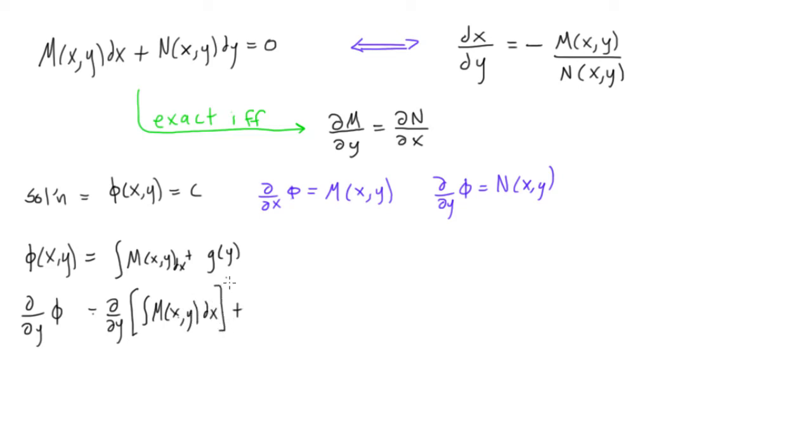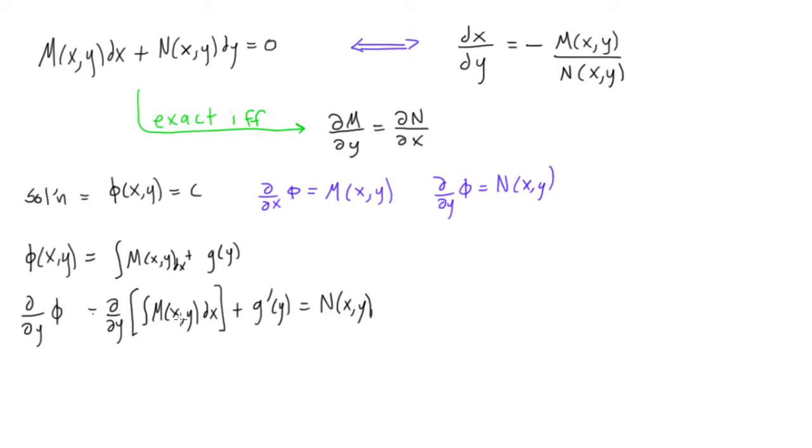Now when we take the partial derivative of g of y with respect to y, there are only y's and constants in this function, so that's just taking its derivative. So we will say this is equal to g prime of y. Now we still don't know what this is, and we said that the partial derivative of phi with respect to y is equal to n of x, y. So this is all going to be equal to n, the function of x and y that was given to us in the original equation.